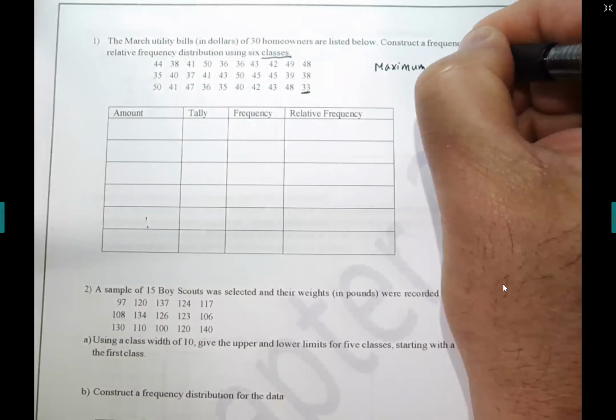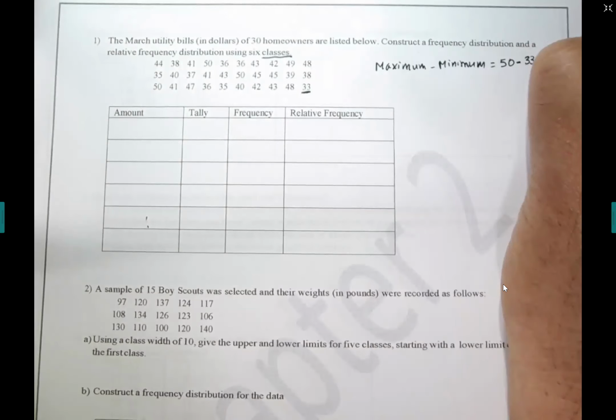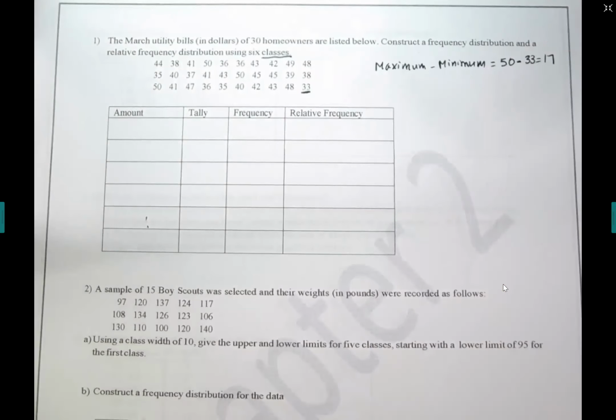So that's 50 minus 33, which is 17. So the difference between the lowest value and the largest value is 17. You take this 17 and we need to split it up over 6 rows because he says 6 classes, so you divide 17 by 6.